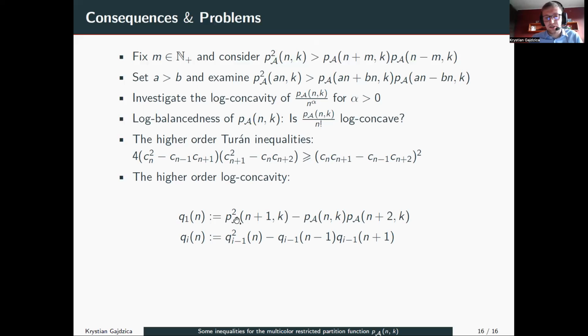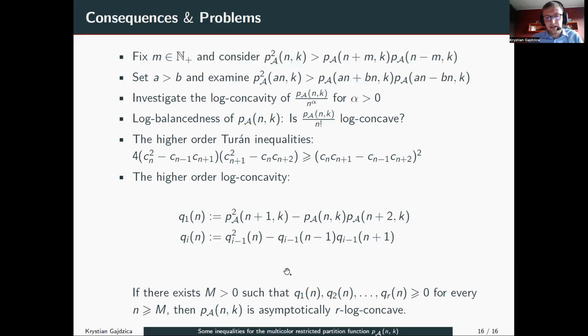We can also deal with higher order log concavity. That is the case in which we define other sequences q_i of n recursively by the following formulas. And we say that in this case, P of n,k is asymptotically R log concave if it satisfies the following conditions.